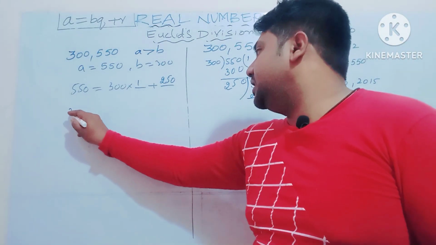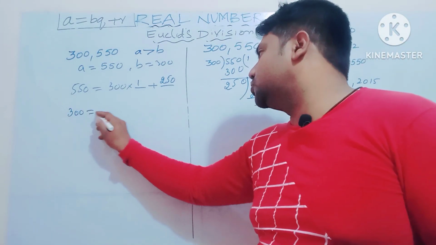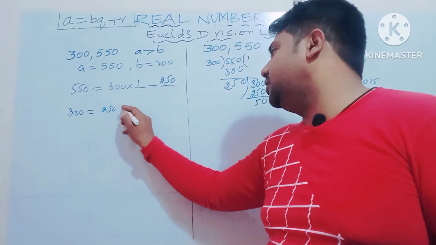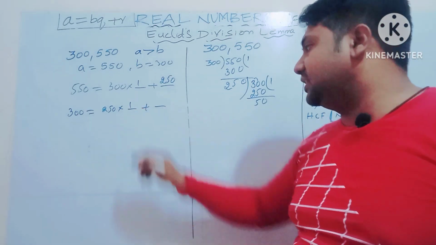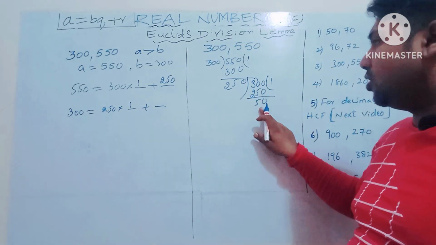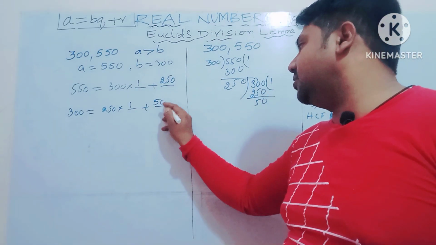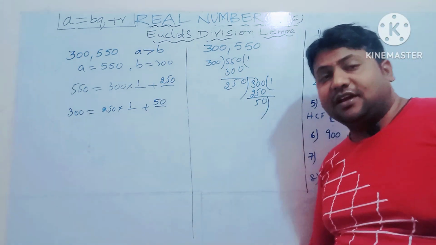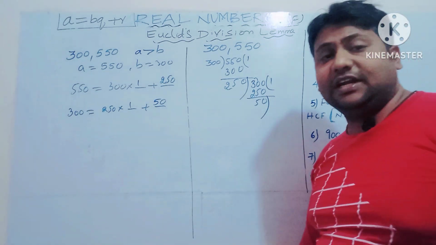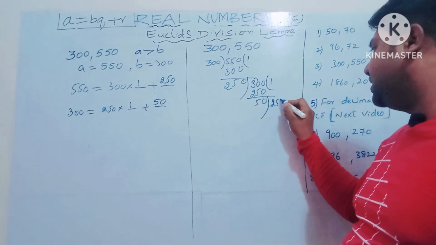So 300 is equal to 250 into something plus some value. That is 250 ones is 250, remaining how much? 50. What is the remainder? 50. Then again this remainder will become the divisor and our divisor will become the dividend. So 250 is here.